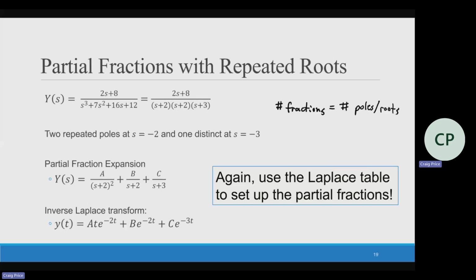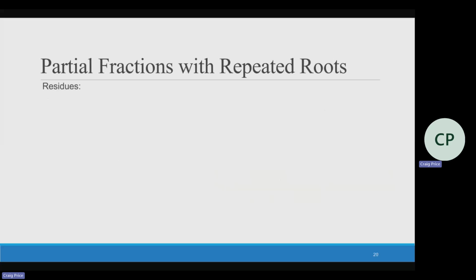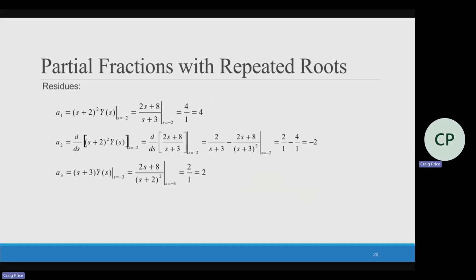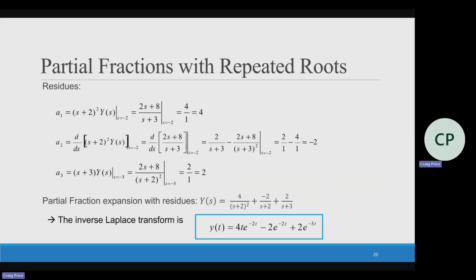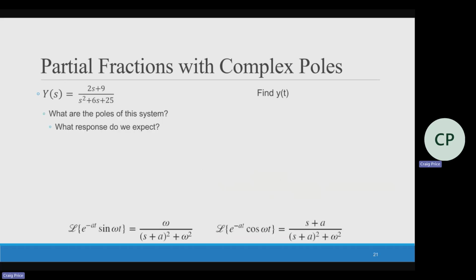So that's what we're going to cover next, complex roots. I'm not going to cover the residue method. This is part of the textbook. I don't understand it as much, and I don't really like the method, if you have repeated roots.